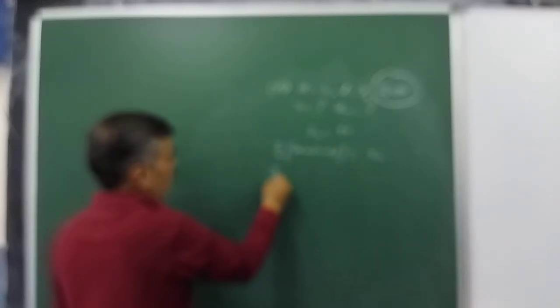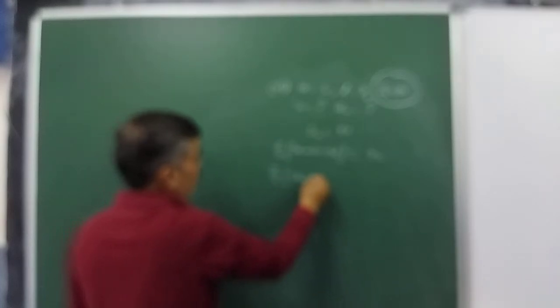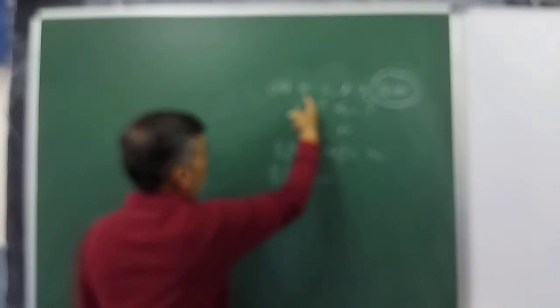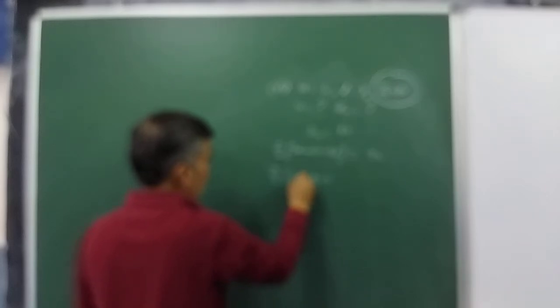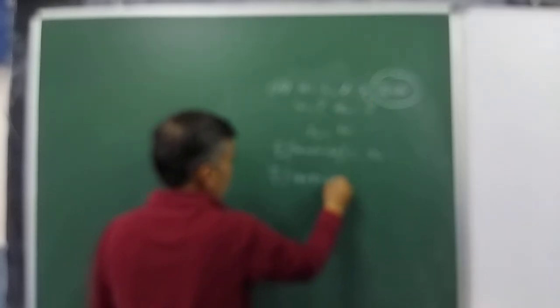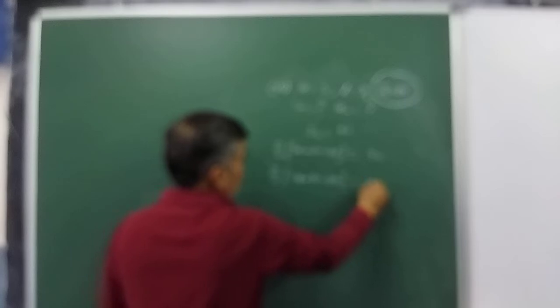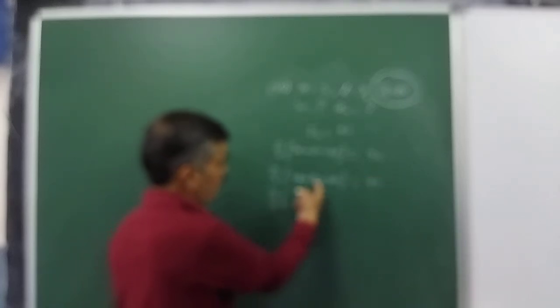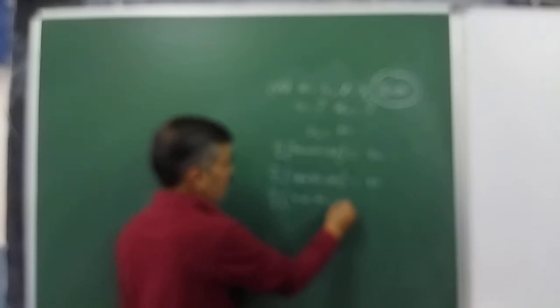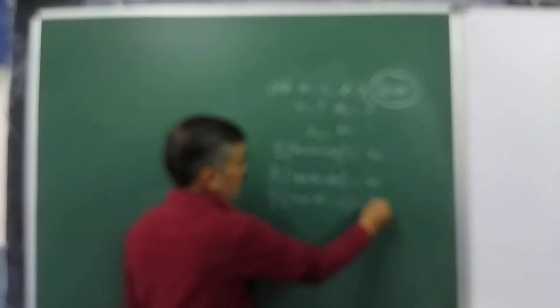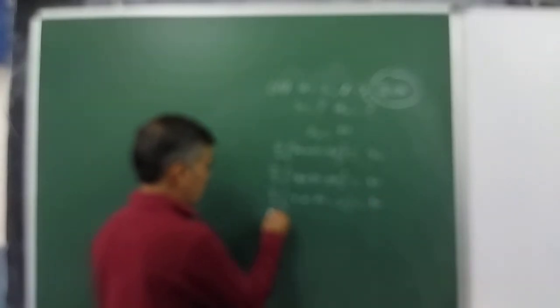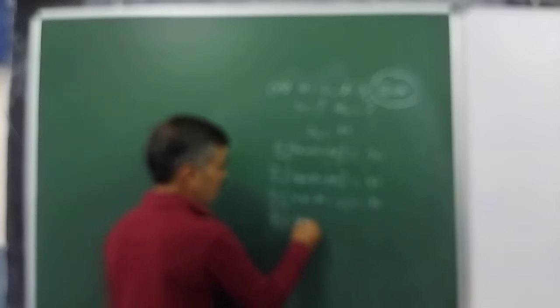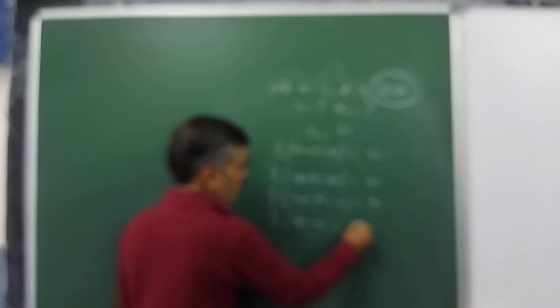So N by 2 into 2A plus N minus 1, A I can substitute here by 2 and D I can substitute here by 8 is equal to 90. So N by 2, here 2 2s are 4 plus 8n minus 8 is equal to 90. Then 8n minus 8 plus 4 is minus 4. So 8n minus 4 is equal to 90.